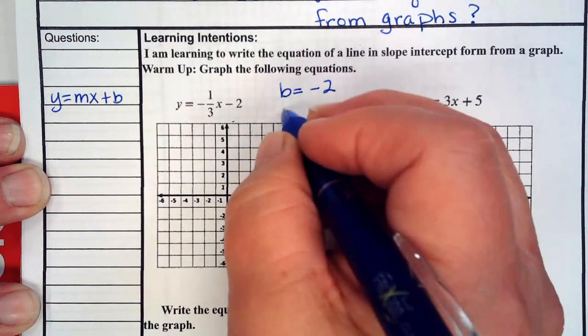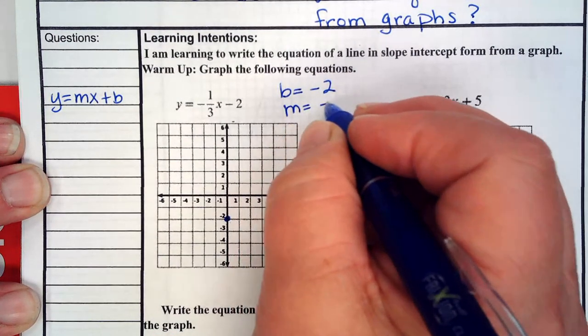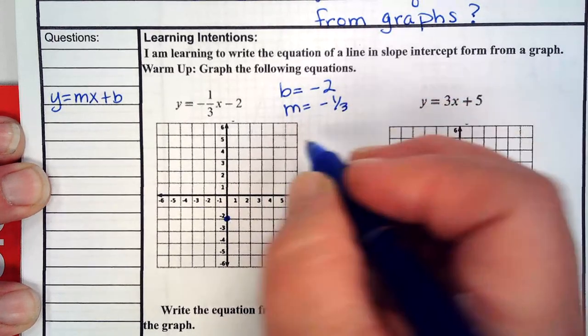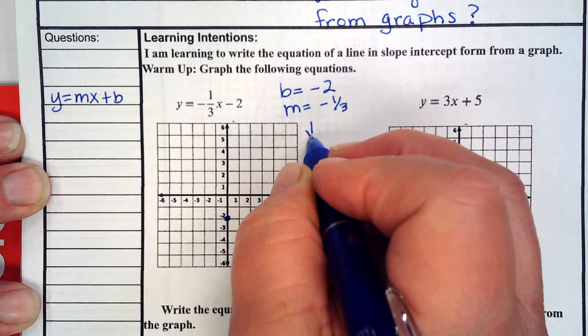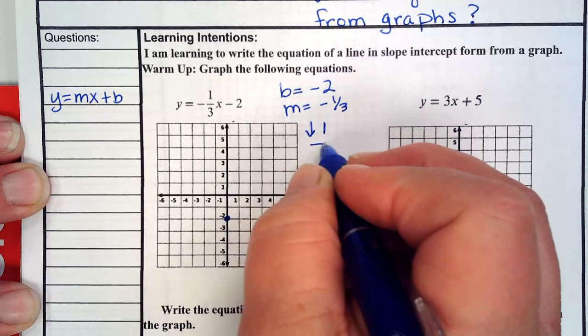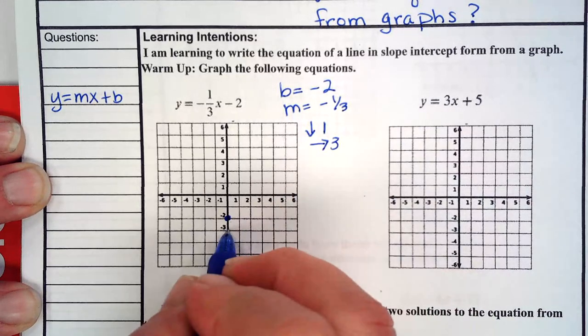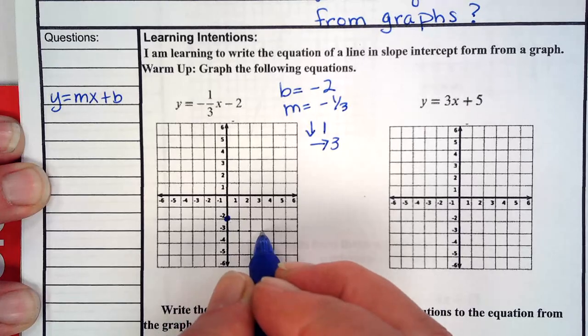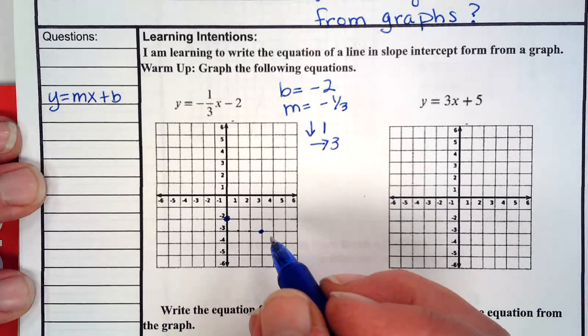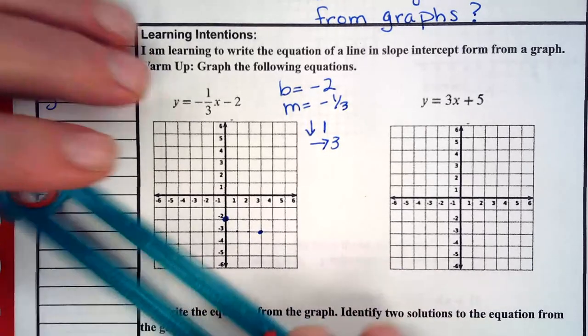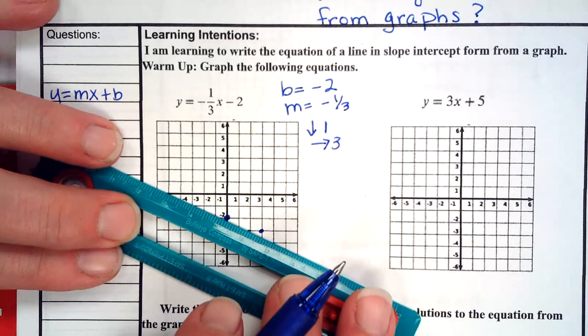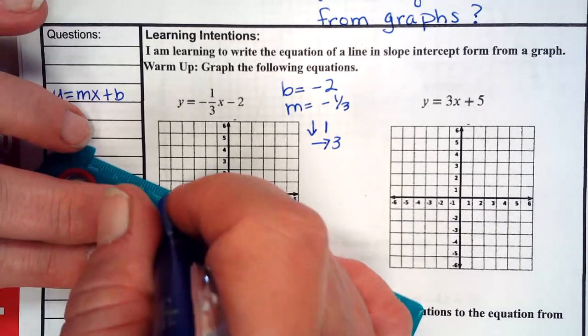How do I move? -1 over 3. That means I go down 1, and then I go right 3. Go down 1, go right 1, 2, 3. I now have 2 points, and I can finish my graph.